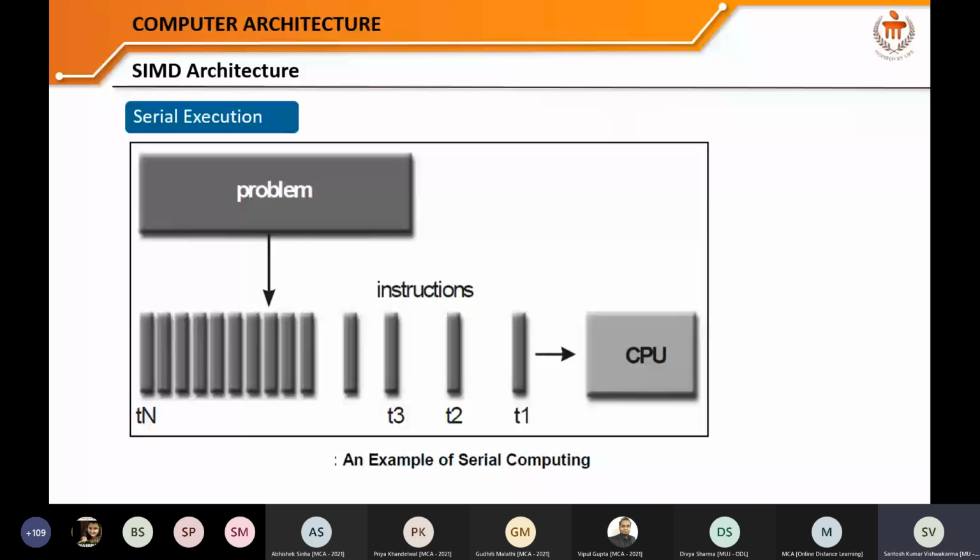What is serial execution? You can find this content in the notes provided to you. Serial execution is a CPU with various tasks, that is T1, T2, T3, and so on. The CPU executes the tasks one by one, that is serial execution.